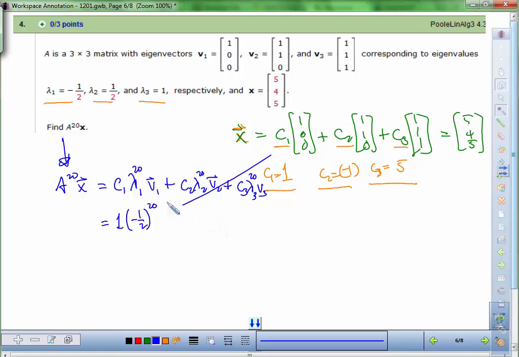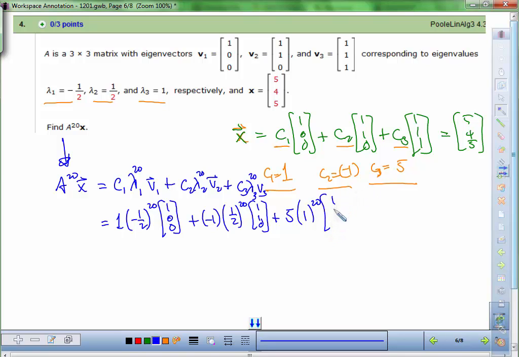And then we got the vector V1, plus C2 is negative 1 times, we got lambda 2 is 1/2 raised to the 20th power, times 1, 1, 0, plus C3 is 5 times, and then the last eigenvalue is 1, and then this is 1, 1, 1.